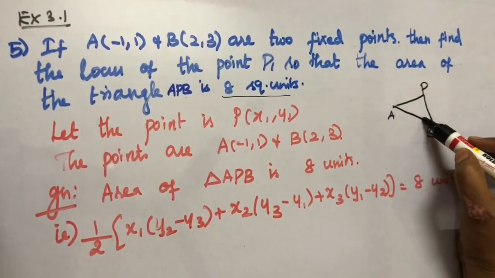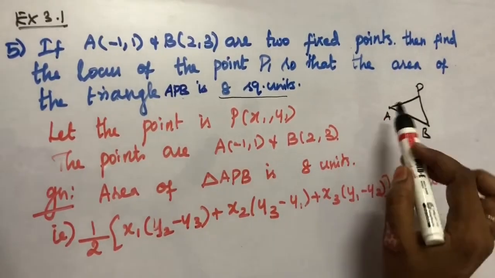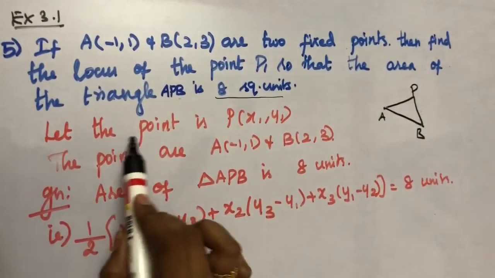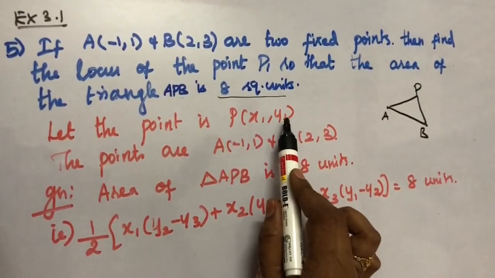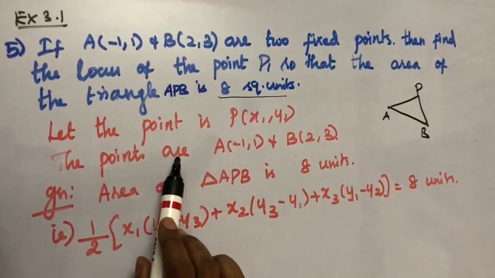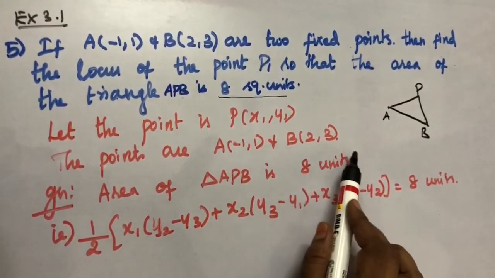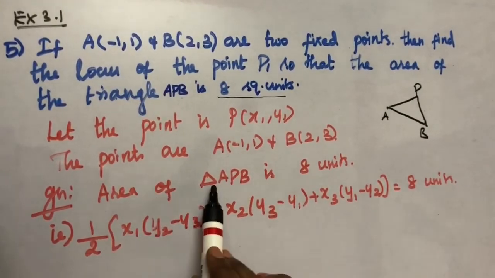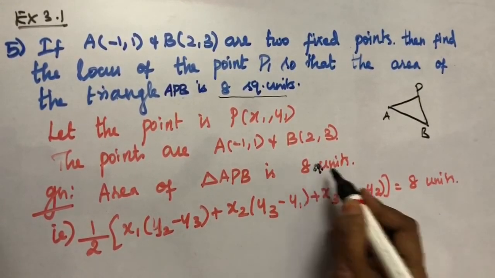Let the given point be P (x1, y1). The two fixed points are A (-1, 1) and B (2, 3). It is given that the area of triangle APB is 8 square units.